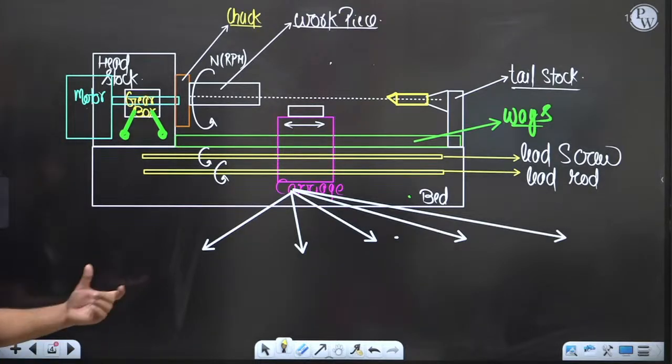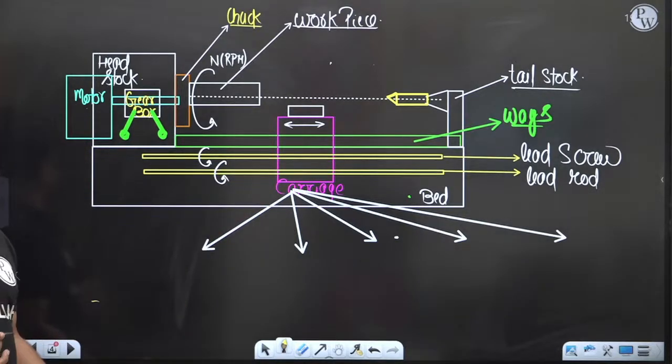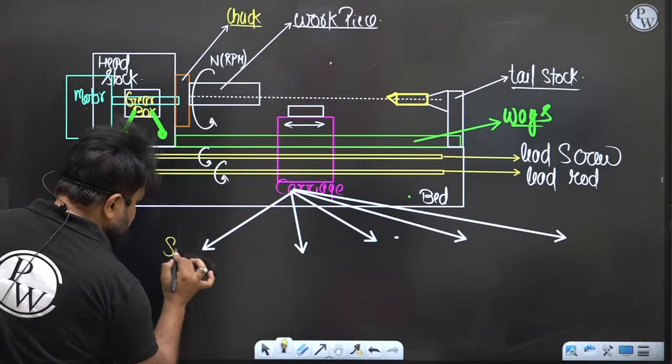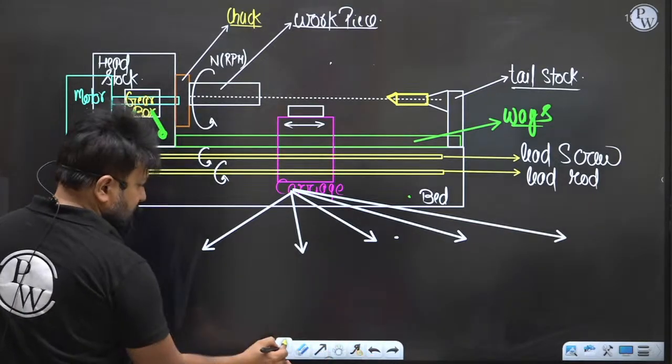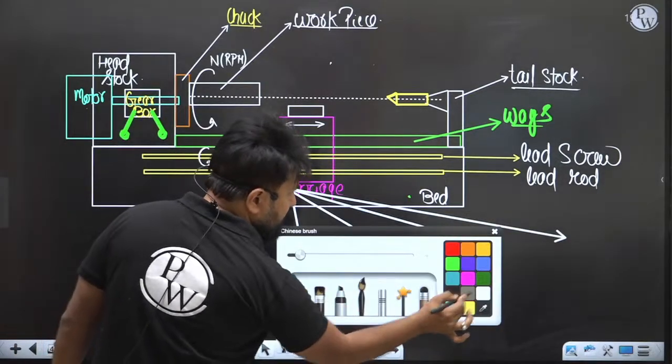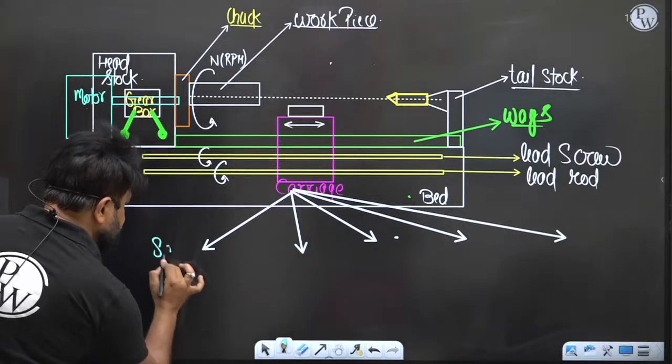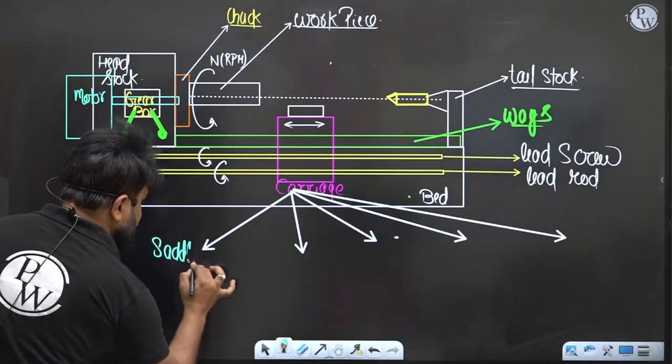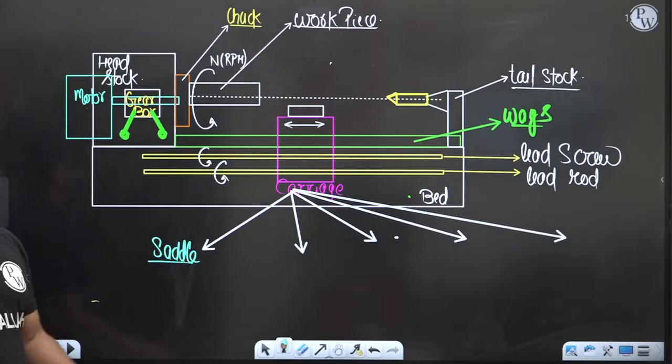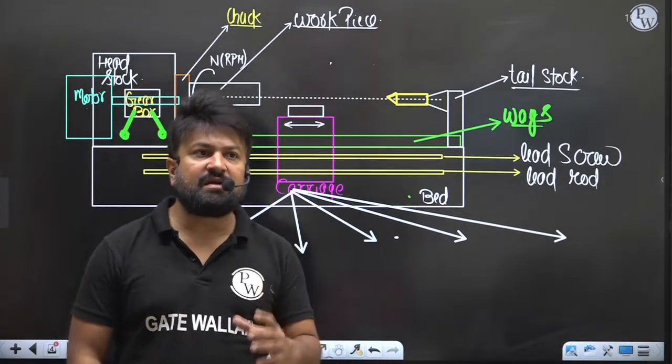Basically in the carriage there will be a saddle. Carriage consists of what? Saddle.